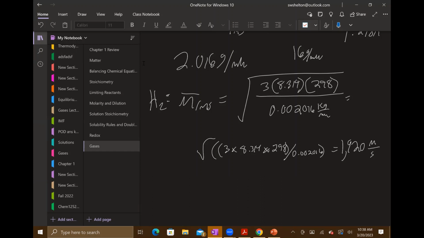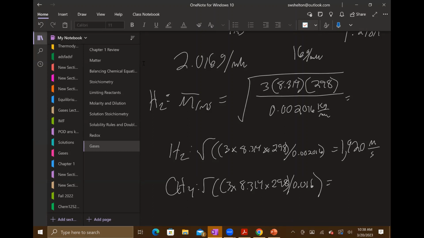The second one I want you to do is the one for methane. We got the one for hydrogen gas, so let's do the one for methane now. The difference here is the top part stays the same. It's the bottom part that's changing. So go ahead and plug that in.